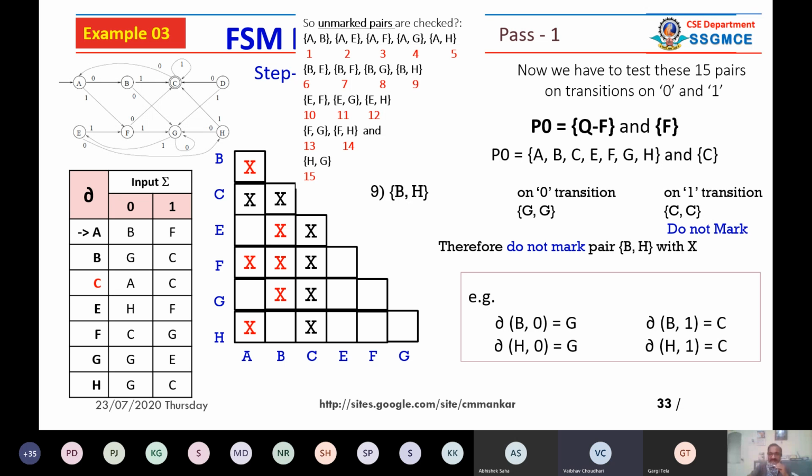So they are transiting into same group. मतलब CC मतलब क्या है कि एक ही ग्रुप में आ गए और GG मतलब क्या है? इधर के लेफ्ट साइड के ग्रुप में आ गए. So it is not distinguishable. So we are not marking BH as distinguishable. Right now, I should not say that it is equivalent. When we can say until we find last partition, that is a P1, P2 or whatever. So 9 pair is considered.